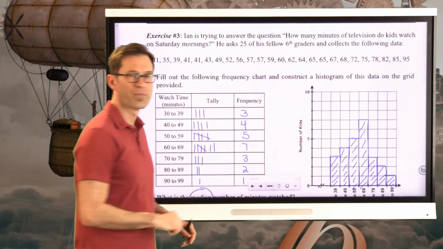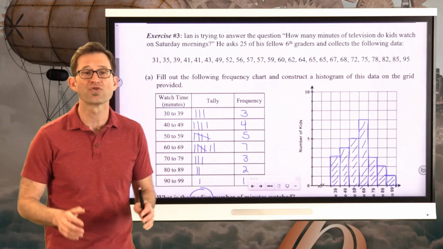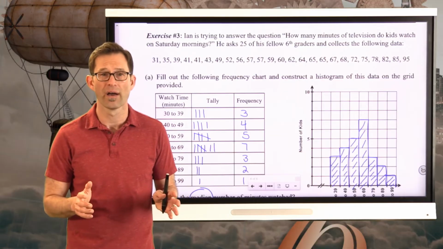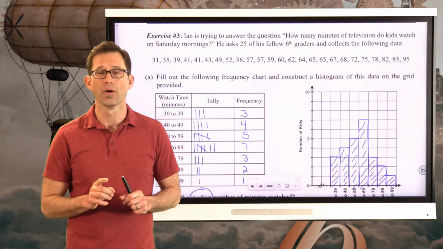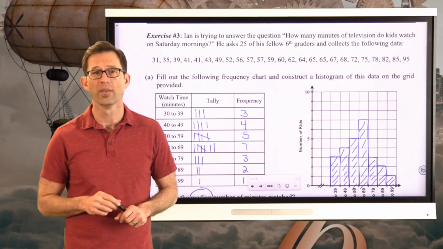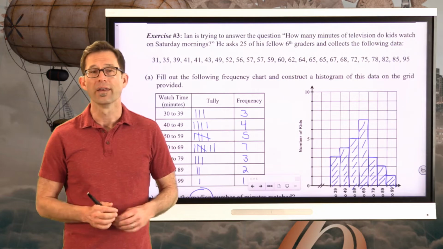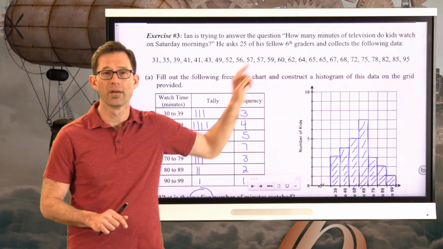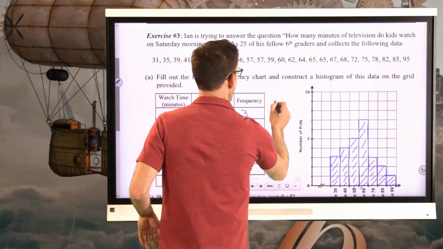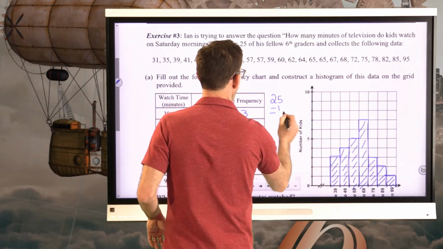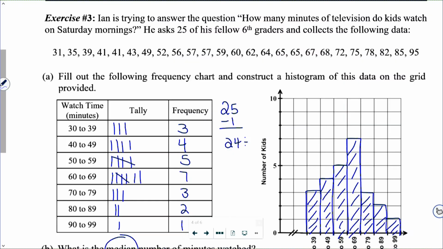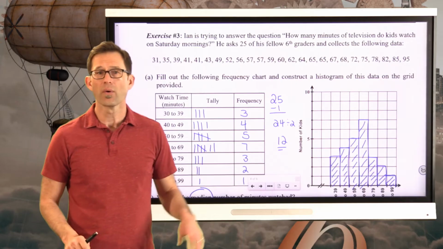All right, so how do I want to find the median here? I've got 25 data values. Why don't you pause the video and try to find the one that's right in the middle? All right, now remember this trick. When I have an odd number, 25, then if I subtract 1, I get 24, and if I divide by 2, I get 12.